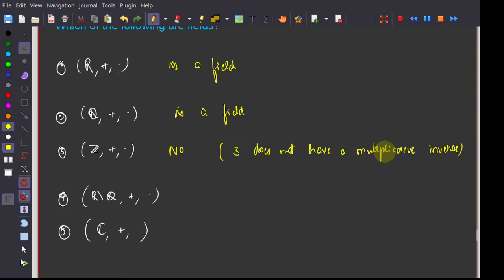Why is it not? So what property is not being satisfied? So it's not closed under multiplication.